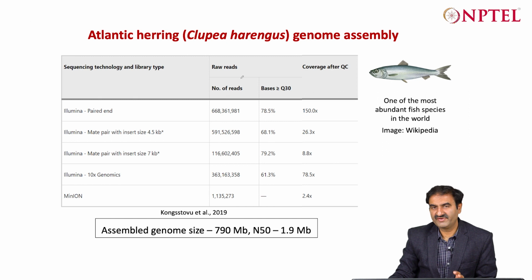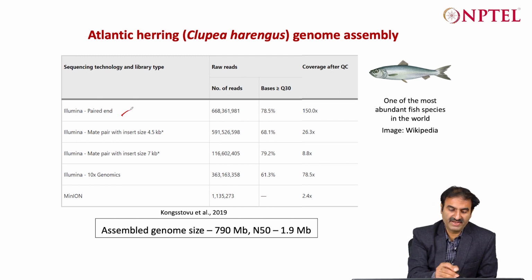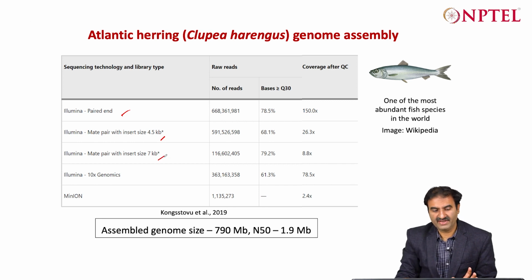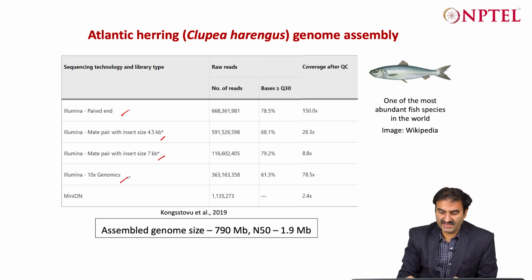So this is one of the fish genomes. It includes paired end sequencing and mate pairs of 4.5 KB and 7 KB, so different insert sizes, just to increase contiguity and provide more evidence of long distance connections, which helps in assembly. And linked read data, 10x Genomics, about 78x.